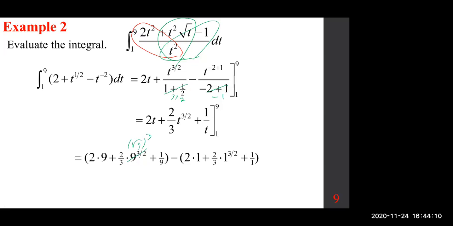The other one is 2 times 9, 18, plus 1 over 9, okay? And 1 to any power is 1. So I hope you realize that this is 18, this is 18, and this one is 1 over 9.